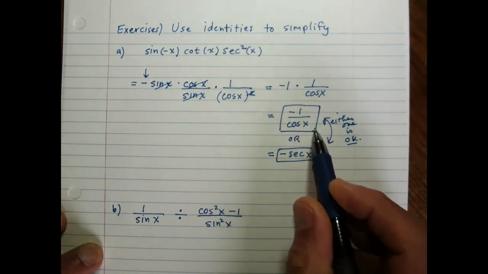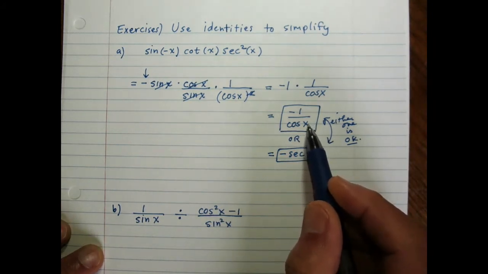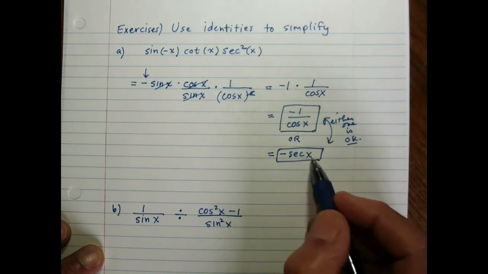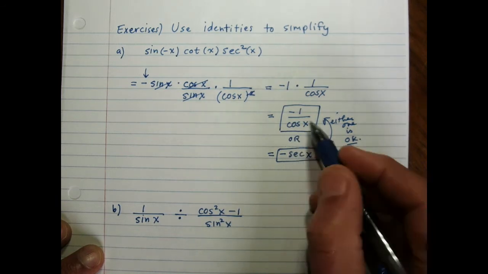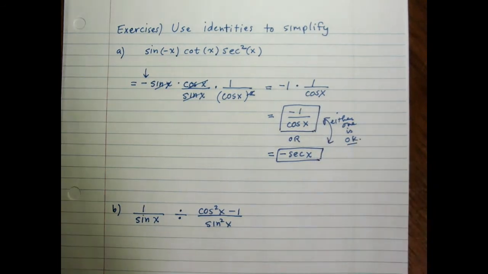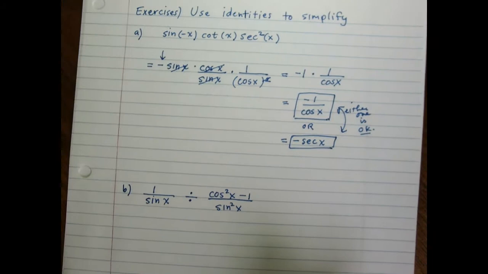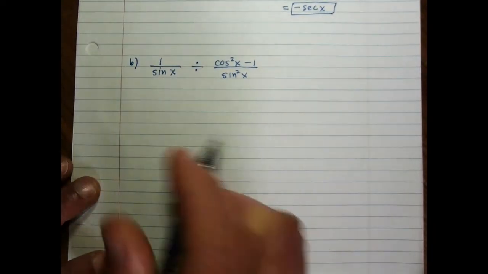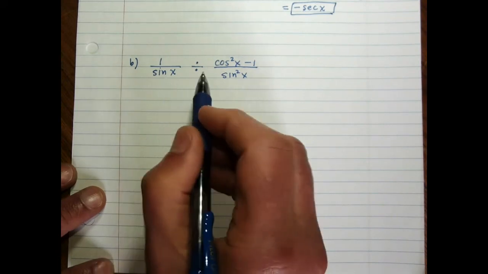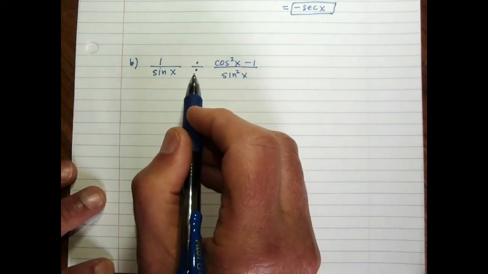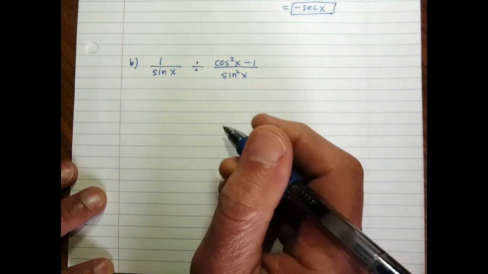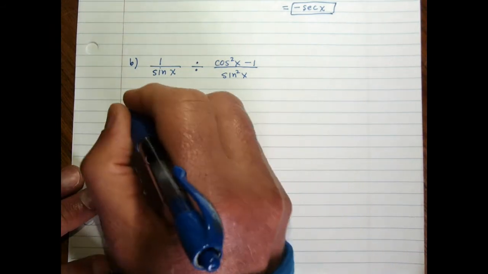Sometimes we prefer the simpler version with cosine. Sometimes we prefer to have no fraction involved in the appearance, so we write the answer as secant. Either one is acceptable. Now here's kind of a mess of stuff. We're dividing two fractions: 1 over sine x divided by cosine squared x minus 1 over sine squared x. Okay, so let's see what we can say here.